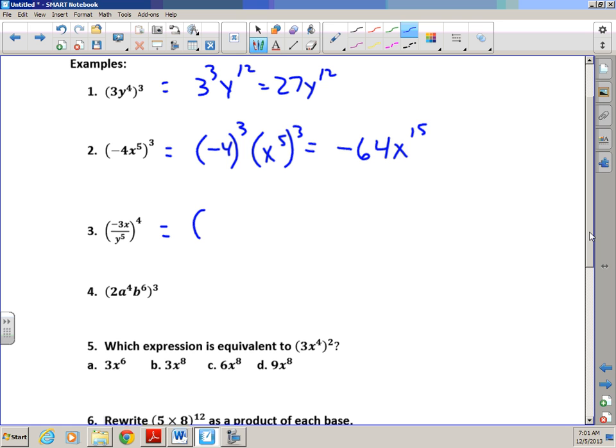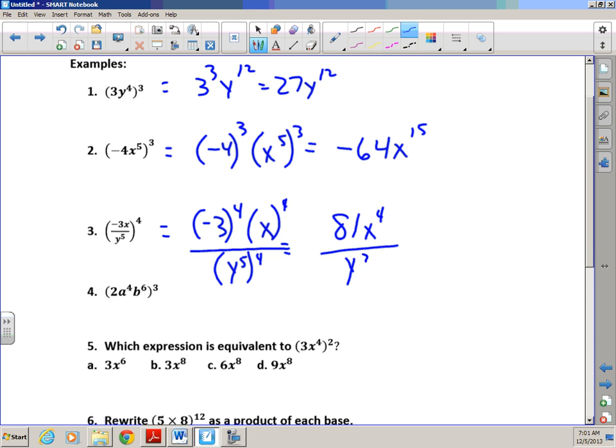So this is the same thing as, and you don't have to write all of this out, I'm just trying to highlight how this rule works. That's a 4 there, sorry. So negative 3 to the 4th is 81. X to the 4th, y to the 20th.